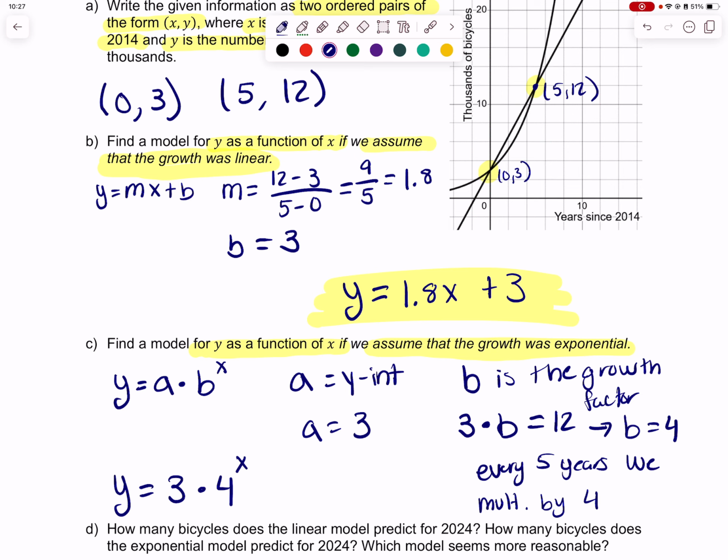But I only want to multiply by 4 every 5 years, so this exponent needs to end up being multiplied by 1/5 to undo that multiplying by 4 every single year to make it only happen every 5 years instead. So then this would be our exponential model that would represent the bicycle company.